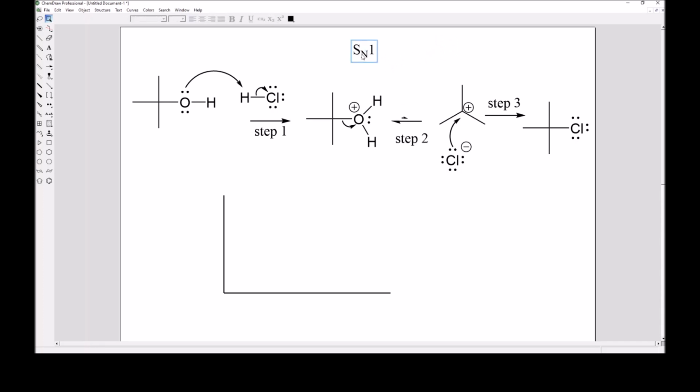Okay, so this SN1 reaction, now what do these mean? Well, the S tells us that we did a substitution. We substituted this alcohol for that chlorine. The 1 tells us that the rate determining step involved 1 molecule. Now, I'm going to come back to that in a second. In general chemistry, the 1 would mean that the overall kinetics of the reaction are first order.